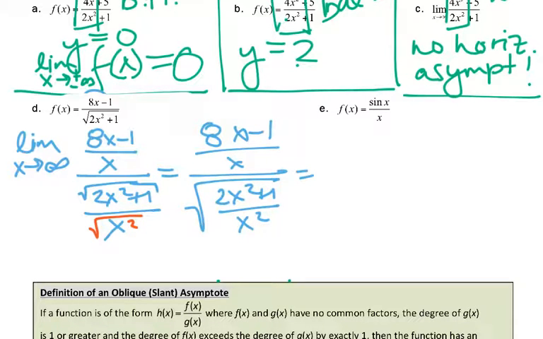And this is still a limit. Oops, I should have put in my limit notation here. X is still going to infinity. So let's keep that. The limit as x goes to infinity of 8x over x.